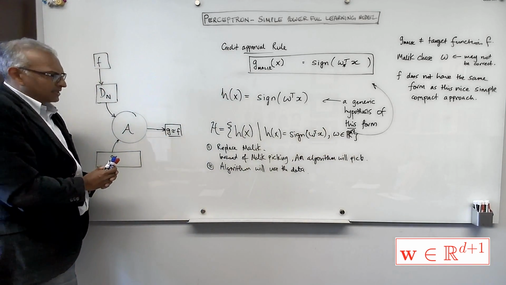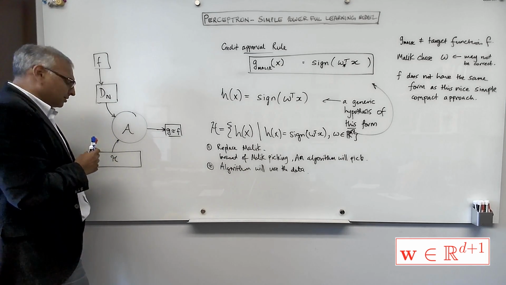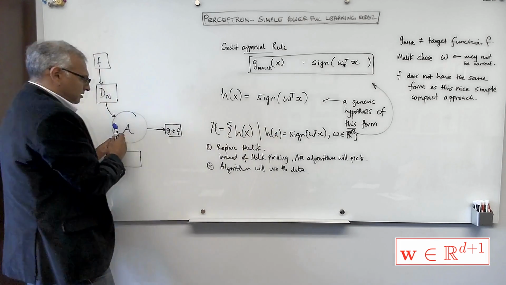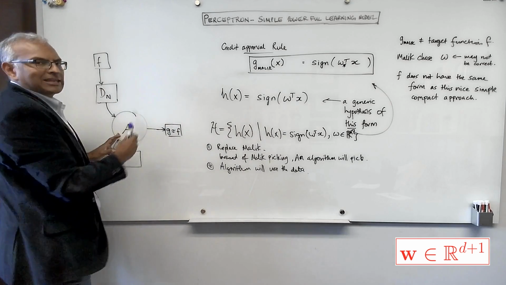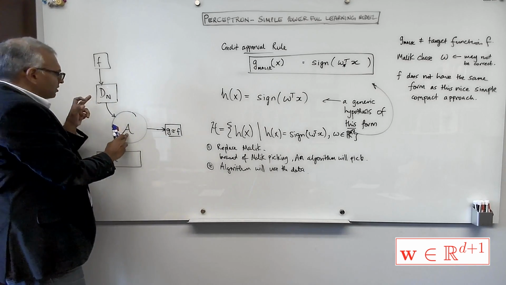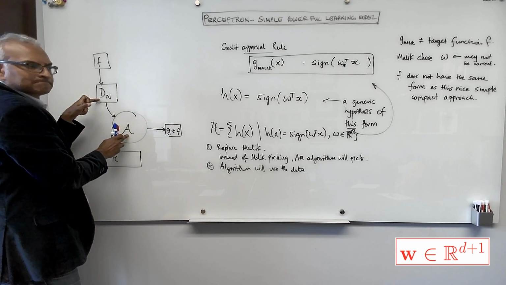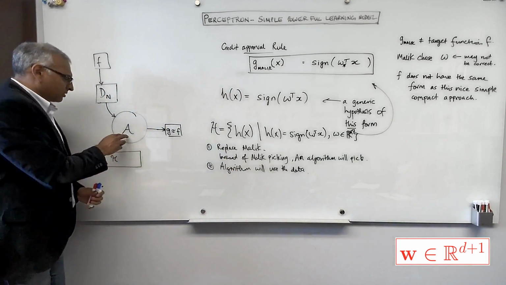And if we can come up with a smart way to pick one of these hypotheses, then we will produce a G, and that's what Malik did. And we're going to now figure out how to do that without Malik, but replacing Malik with algorithm plus data.